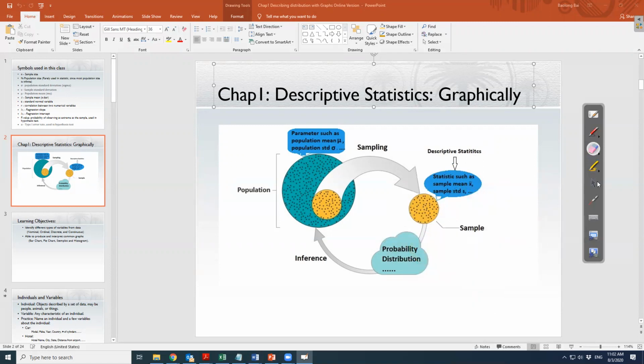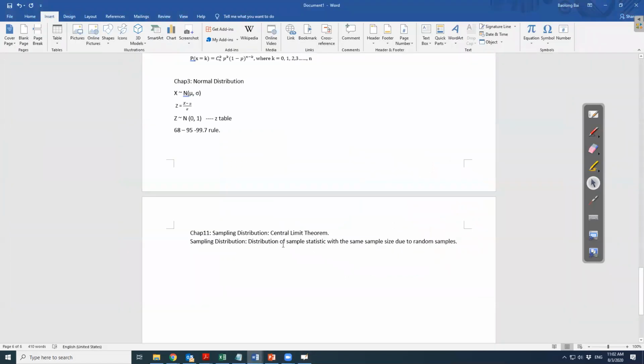Then we're going to focus on the sampling distribution of sample mean, basically. That's given by the central limit theorem. From the central limit theorem, we learned that if sample size is large enough, sample mean x bar will always follow a normal distribution.